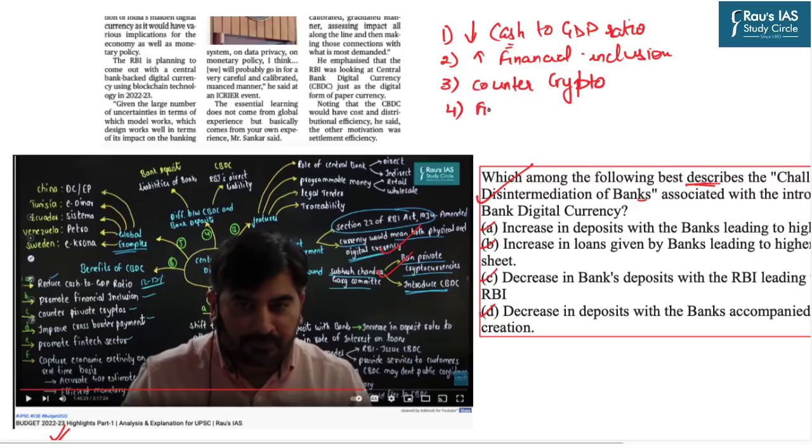Fourth, it is also expected to give a boost to the fintech sector, because we all know that in today's time the financial technology sector is experiencing a boom. And with the introduction of the central bank digital currency, this fintech sector is expected to rise further. So because of all these benefits, the government is planning to introduce the digital currency.